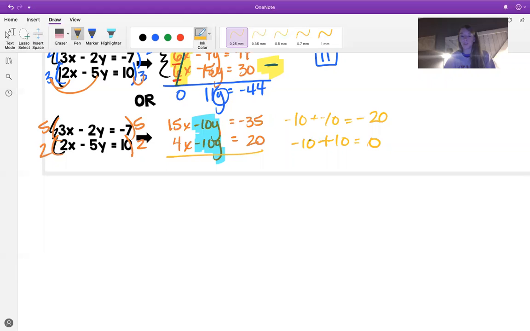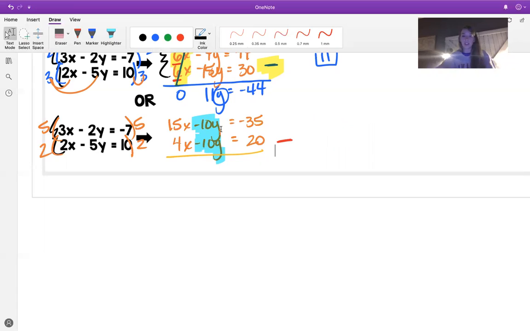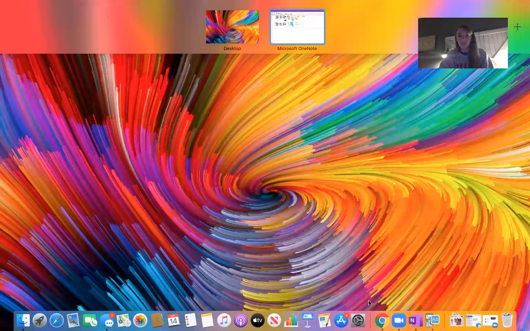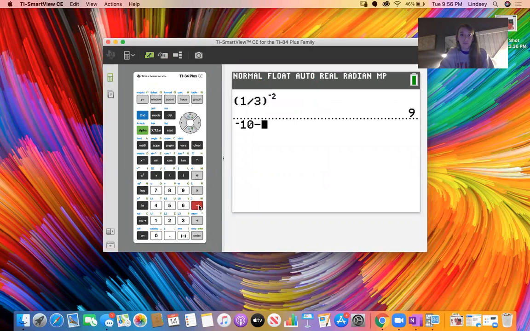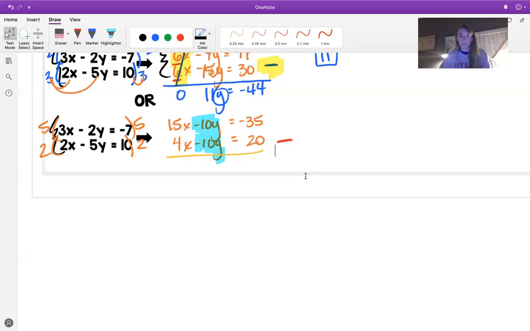So we want to subtract these two equations from each other. If you don't trust me, go to your calculator. Negative 10 minus a negative 10 is 0. Eliminated, which is what we want.